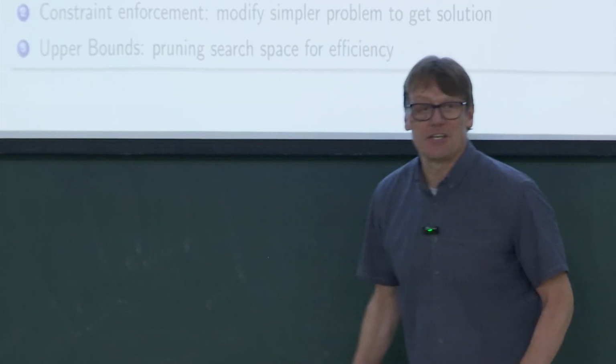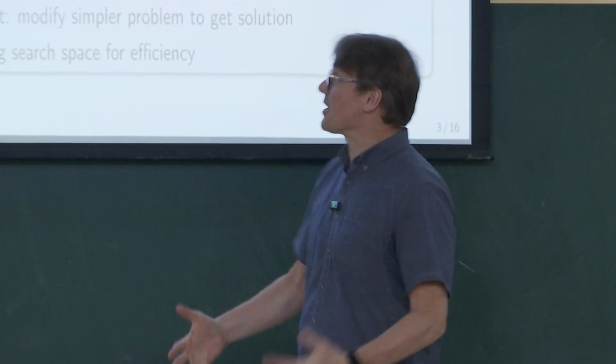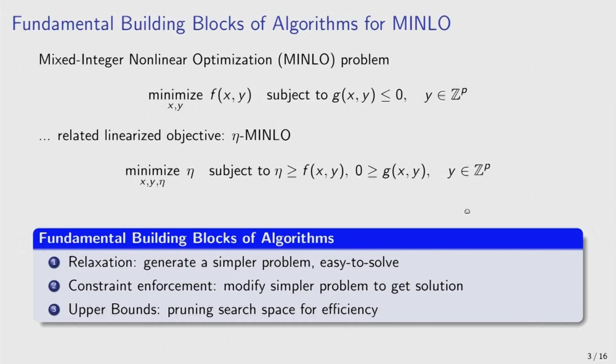Okay, so mixed integer nonlinear optimization. Again, just a quick recap. We want to solve this problem. Hopefully, by putting it up more and more, it burns into the retinas of your eyes. We're minimizing a nonlinear function subject to some nonlinear constraints and integrality on a subset of our variables.